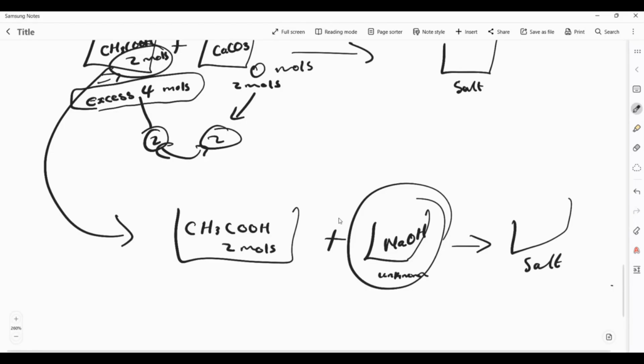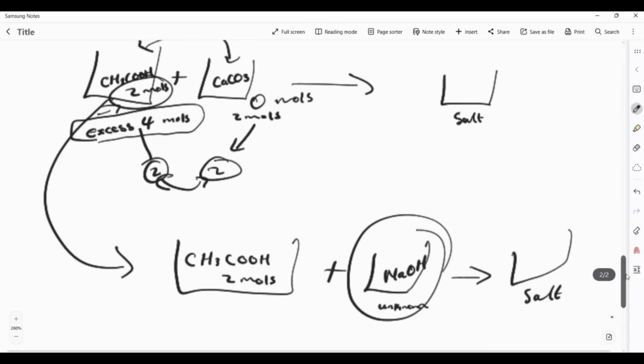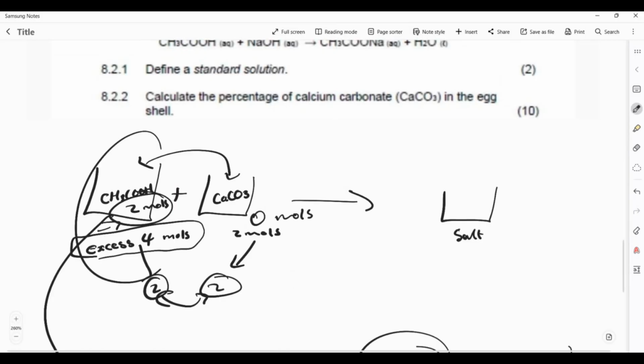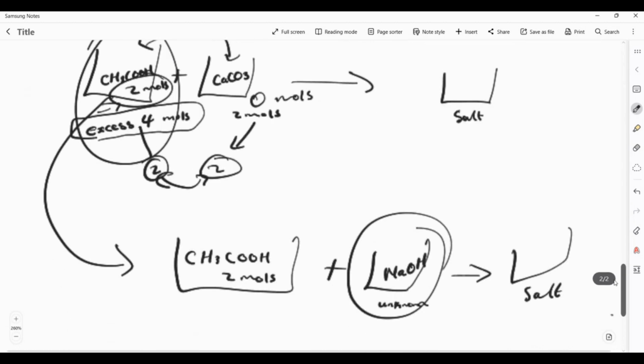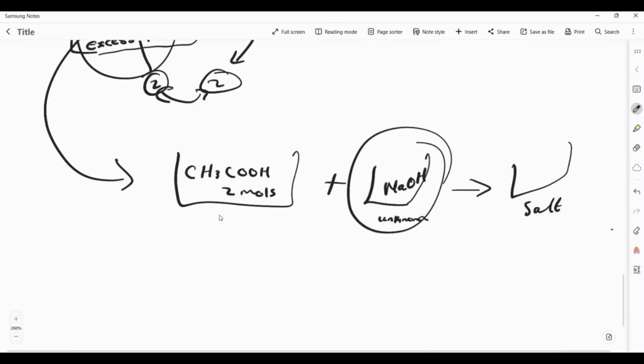Now, the very important thing that you must always bear in mind: the number of moles that you have in the first beaker, those are the initial number of moles. Then the number of moles that we have in the second reaction, those are the number of moles that were in excess.